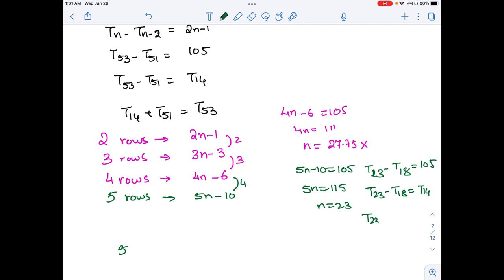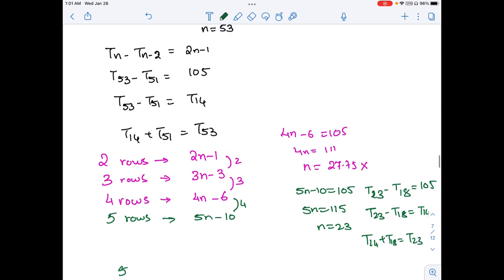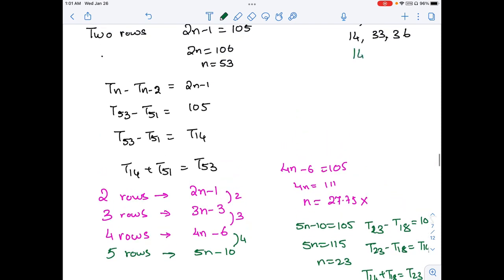So I write that T14 plus T18 is equal to T23. So what is the triple? 14, 18, 23. Is 14 the smallest number among all those? Yes, 14, 18, 23.